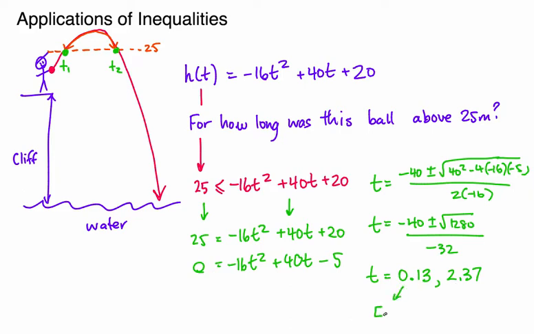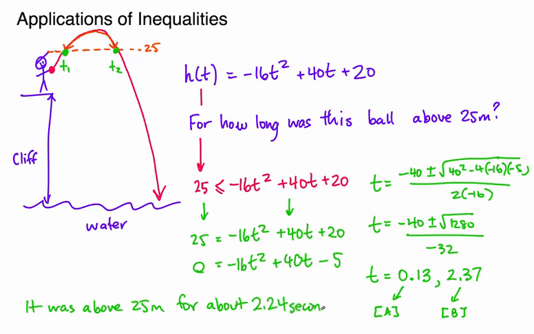On my calculator I stored these as A and B, so the difference is B minus A, and I just type that in, and I get the actual time, rounded to two decimal places, 2.24 seconds. It was above 25 meters for about 2.24 seconds. I'm just finding the difference.